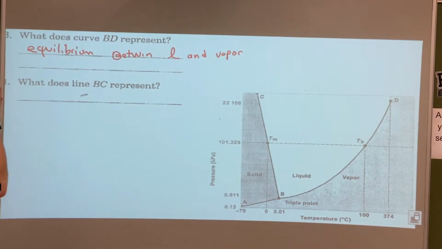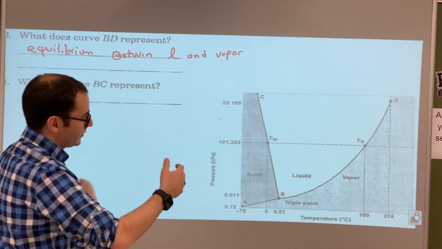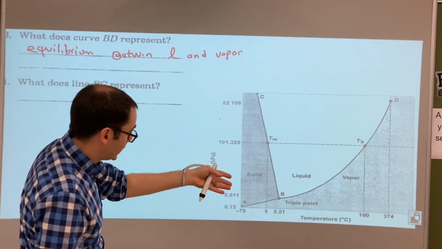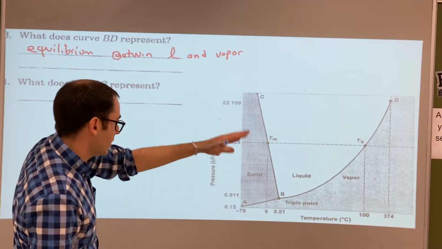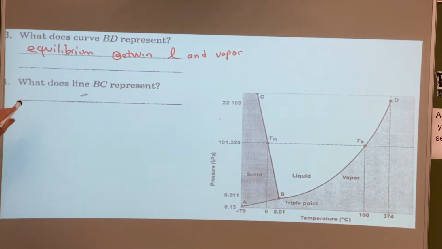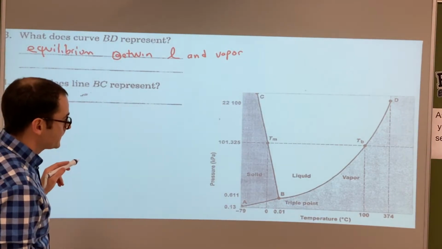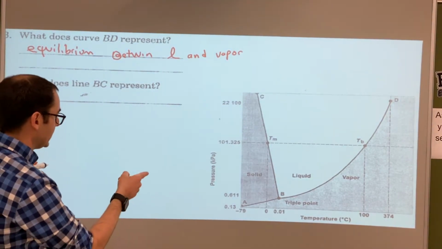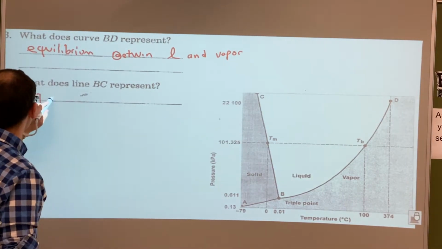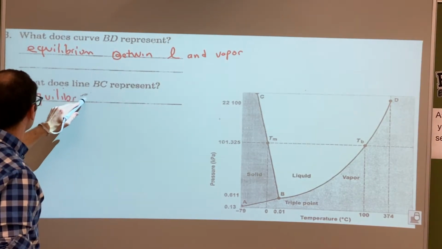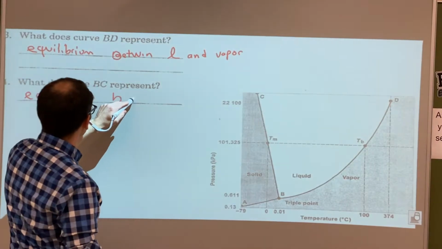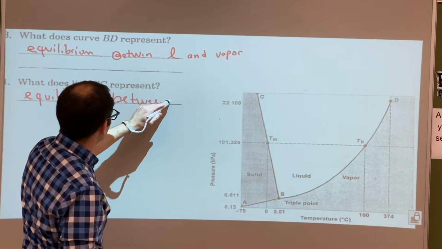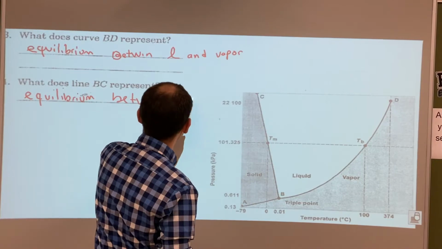And by saying equilibrium between liquid and vapor, it means that the rate of boiling would be equal to the rate of condensing, all right? And then BC would be what? Solid and liquid. All right, equilibrium between solid and liquid.